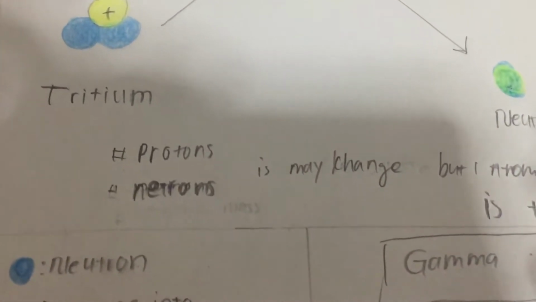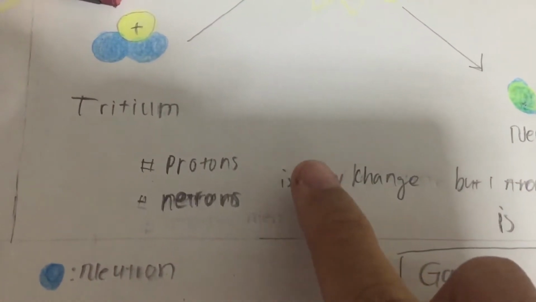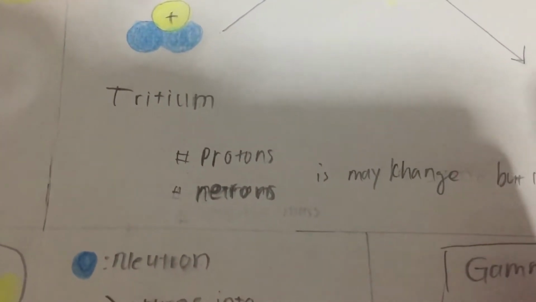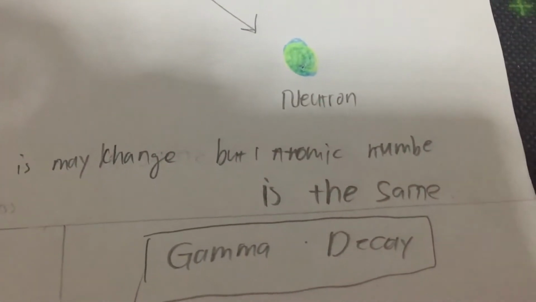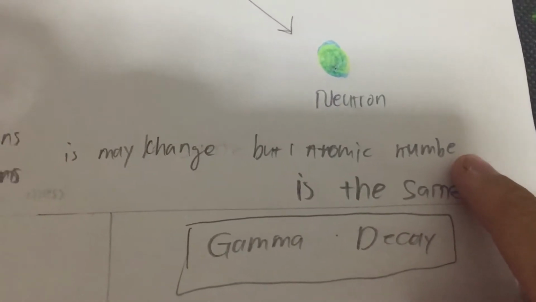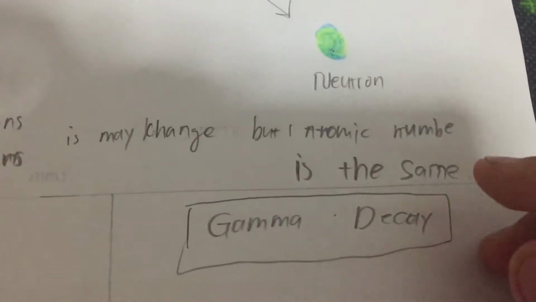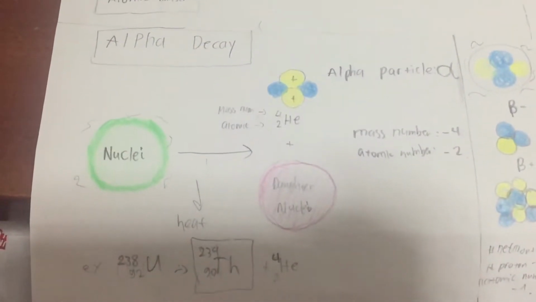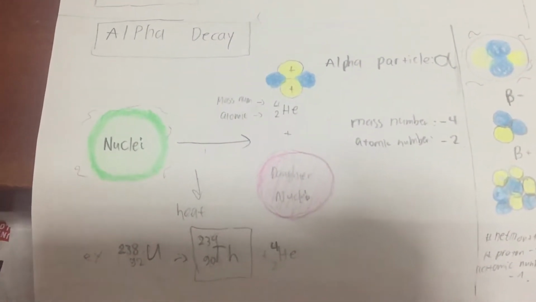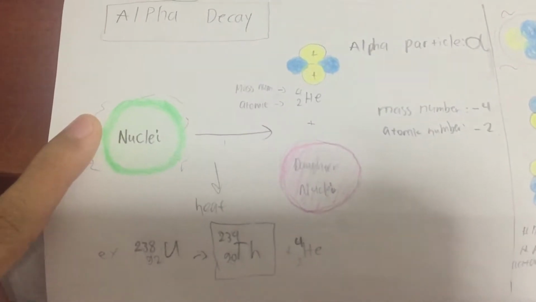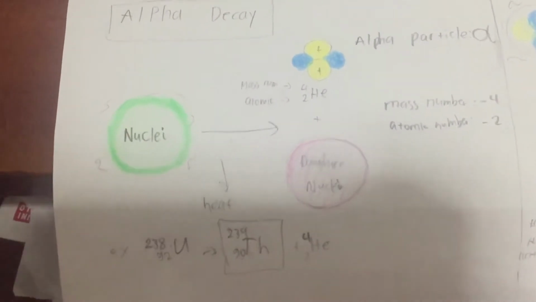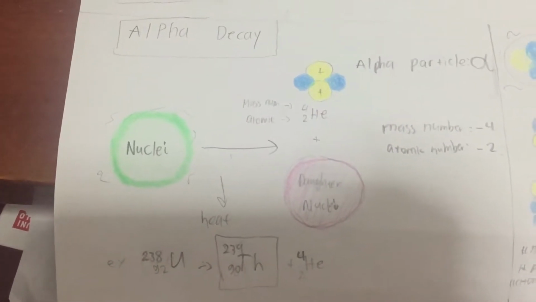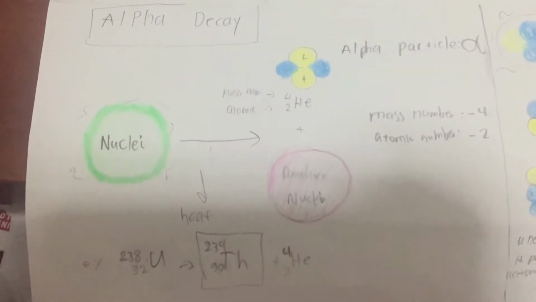In these reactions, the number of protons and neutrons may change, but the atomic number, which is the total of these, stays the same. This process requires an unstable nucleus, because it must be unstable for alpha decay to happen.